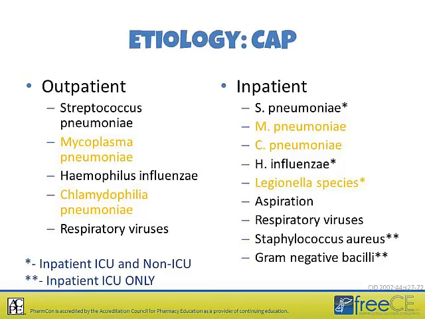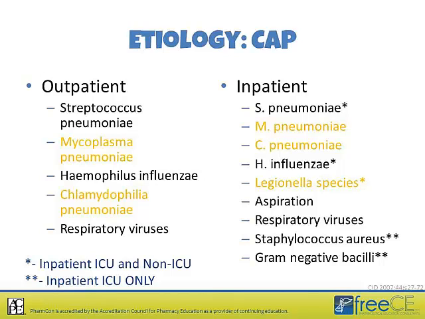Patients who, based on their severity of illness score, will need to be treated as an inpatient are primarily infected with the following bugs. So they have generally potentially a more severe pneumonia. So strep pneumo can also cause more severe pneumonia. Mycoplasma pneumoniae can also cause a more severe pneumonia. Chlamydophila pneumoniae and H flu as well. So all of those are bugs that you saw previously on outpatient treatment.